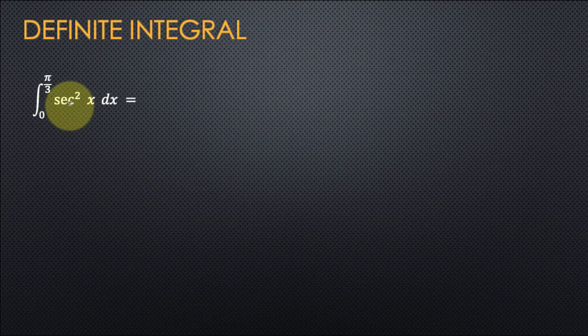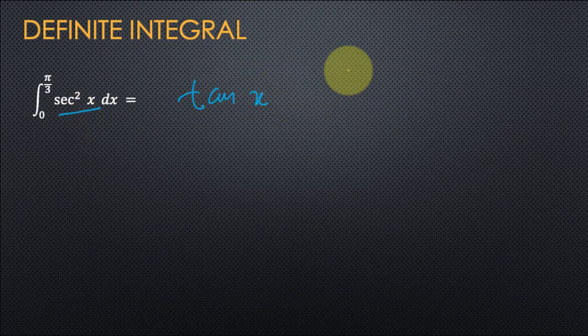Now we have a trigonometric function, secant squared x. We need to compute this definite integral. First, find the antiderivative for secant squared. The antiderivative for secant squared x is tangent x, because the derivative of tangent x is secant squared x.